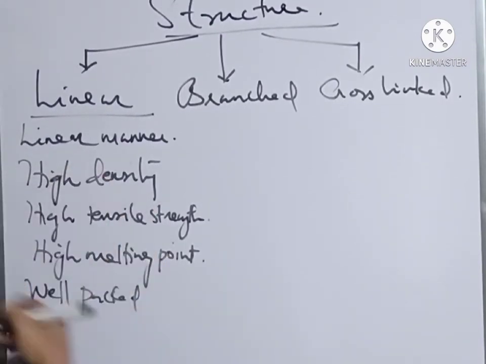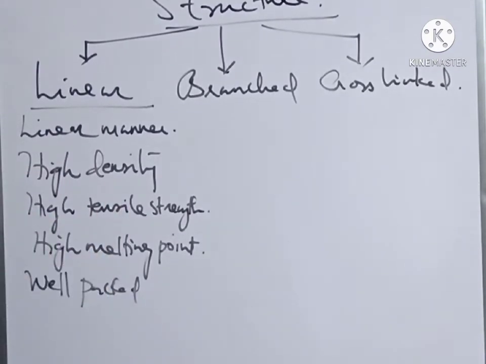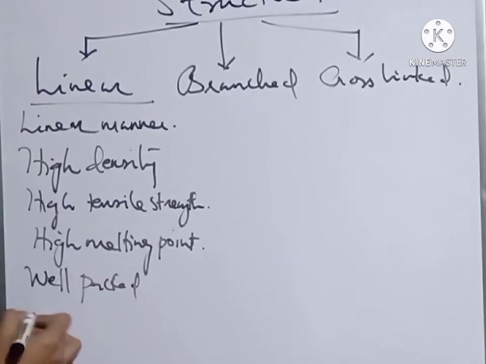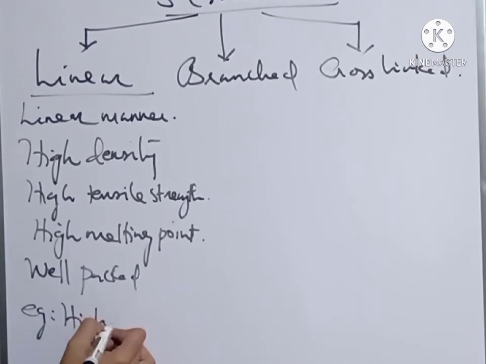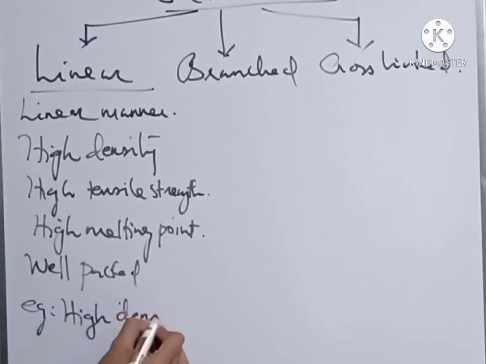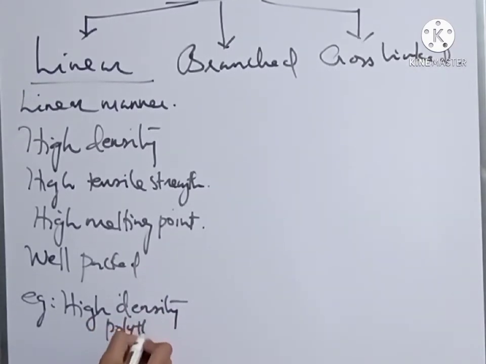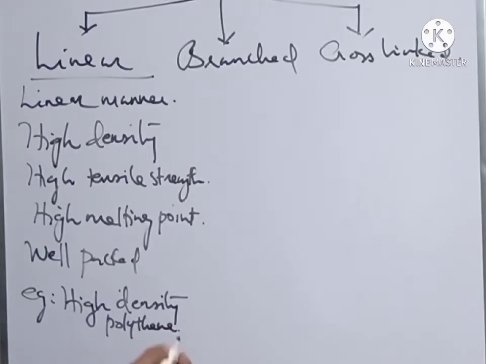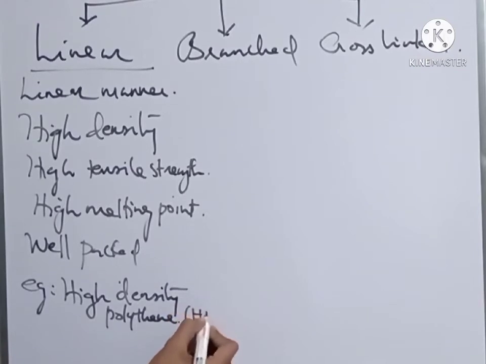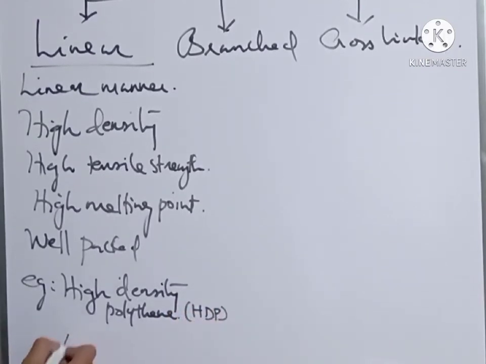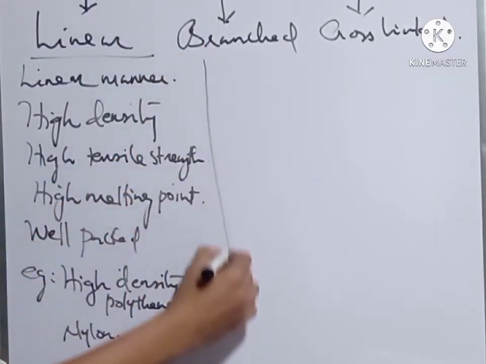That is why linear polymers show these properties: high density, high tensile strength, and a high melting point. So examples of linear polymers are high density polythene, or we can say HDP, then nylon, etc.